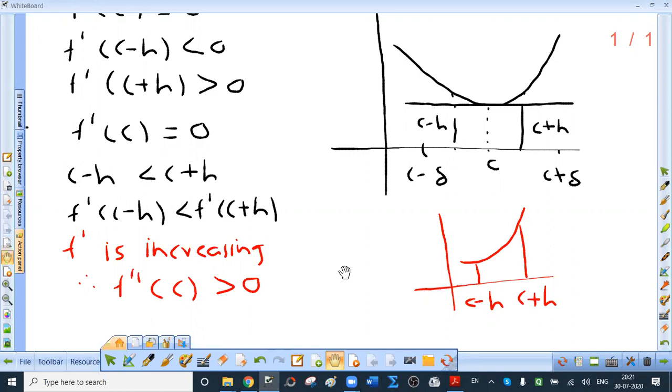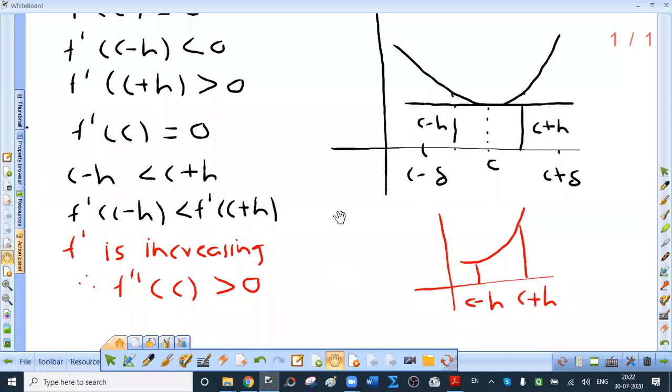If c is a root of this equation, then find f double dash of c. If f double dash of c is less than 0, then the function has a local maximum at x equal to c. And if f double dash of c is greater than 0, then the function f has a local minimum at x equal to c.